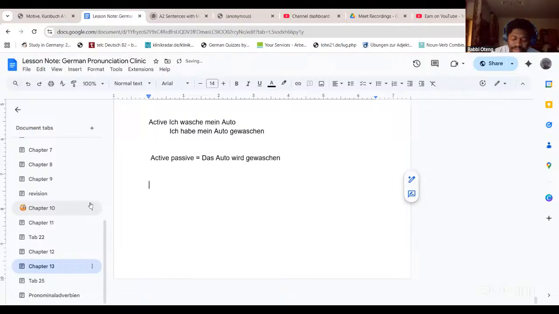Okay. But then just as we have the past tense of the active sentence, we also have the past tense of what? The active passive. So if the active passive is formed with werden, what's the past tense of werden?